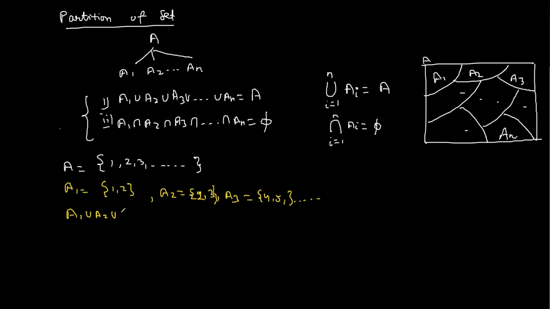A1 union A2 union A3 is A. What is A1 intersection A2 intersection A3? Not empty, because 2 is common in A1 and A2, right? So this is not a partition of the set. What is a partition? If none of them is common.